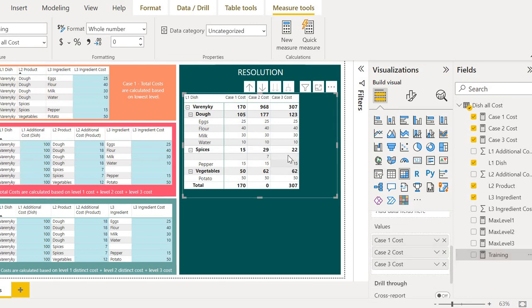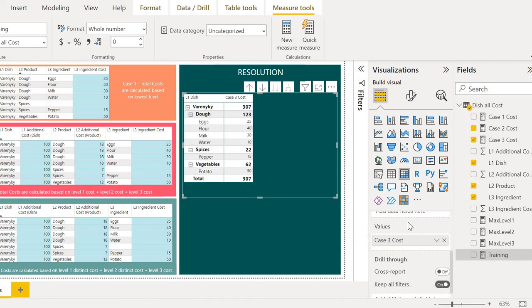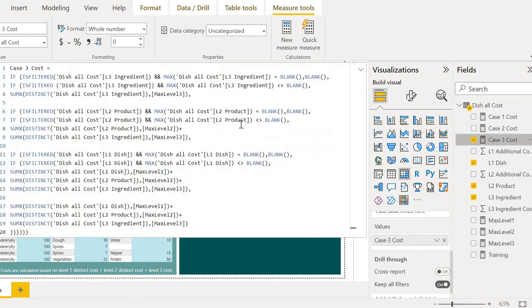There are also blanks in the matrix. So if you would just use one formula, it would be without blanks. How to achieve it? In the formula, just indicate that if level 3 is blank, please show blank.